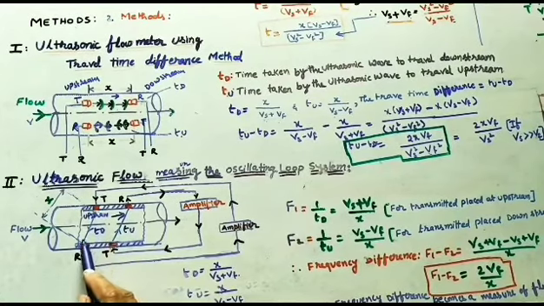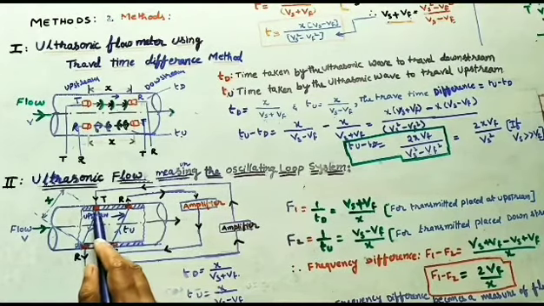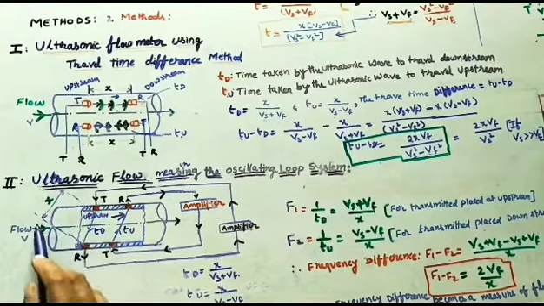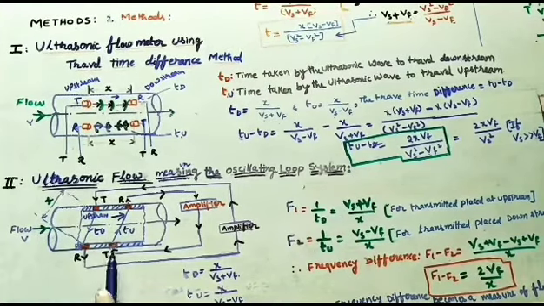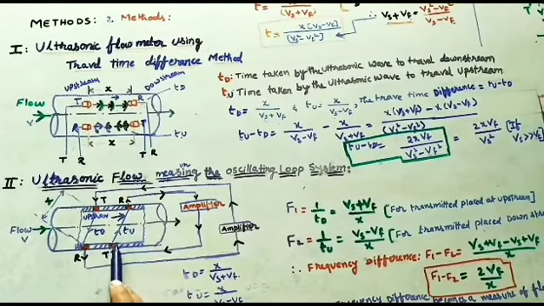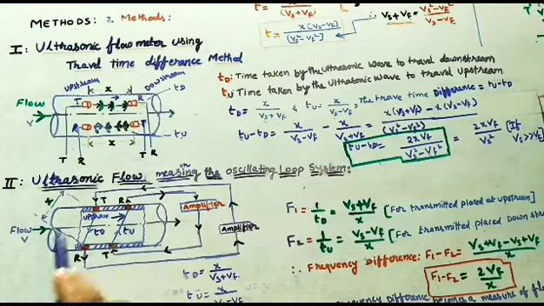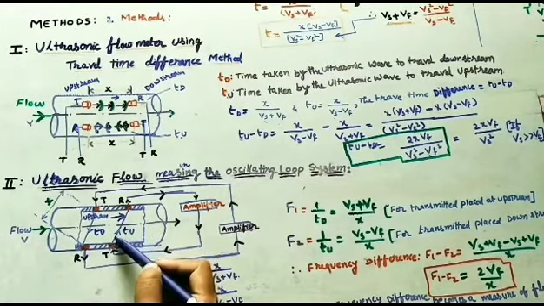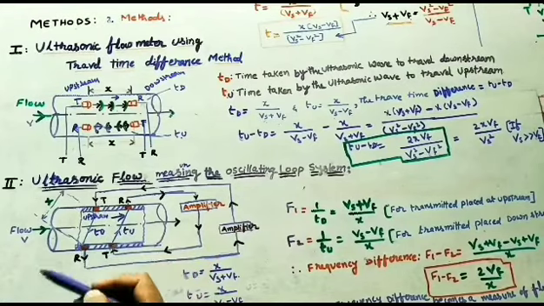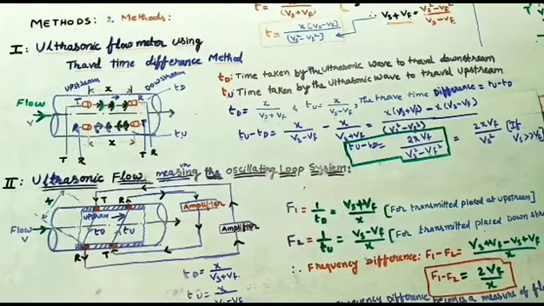Waves are coming like this. This distance is x, and here T will be at the downstream. The waves will be going like this, and here one receiver. Both waves travel a distance x.